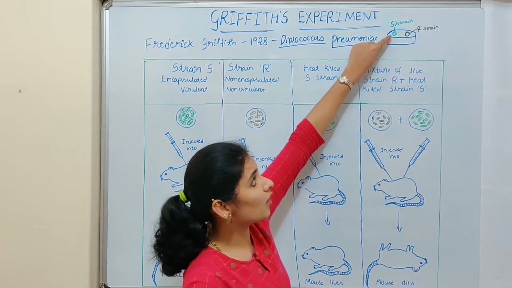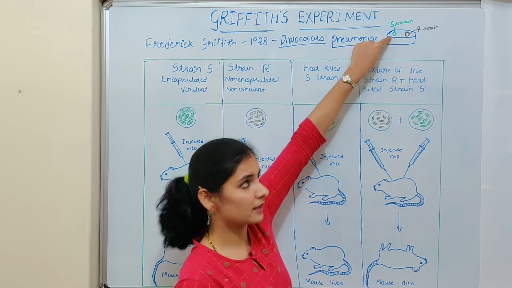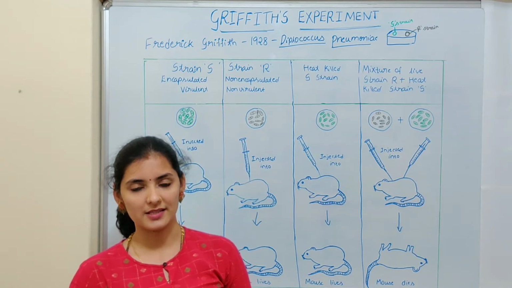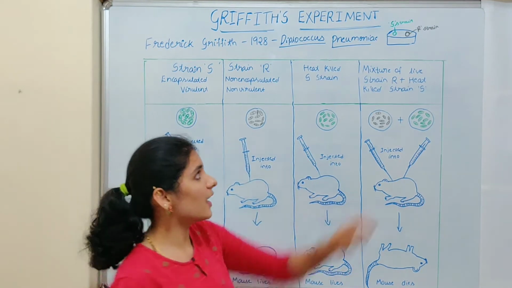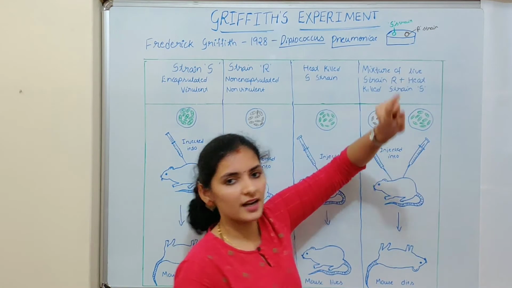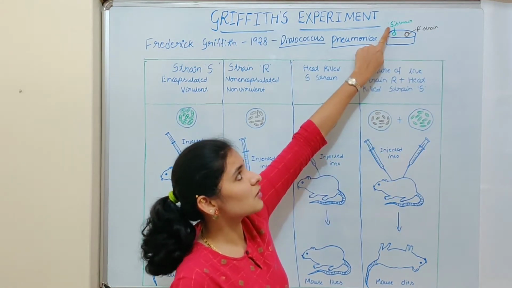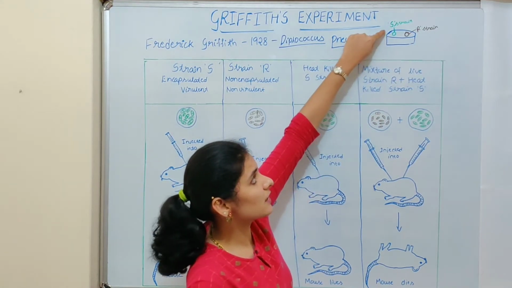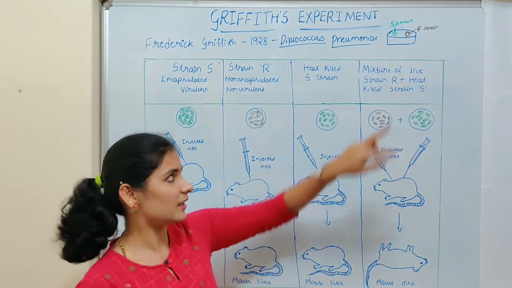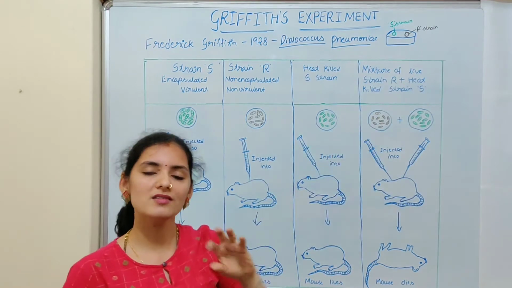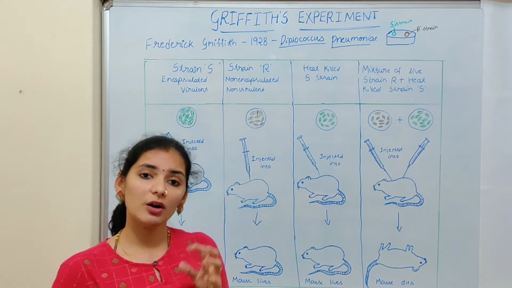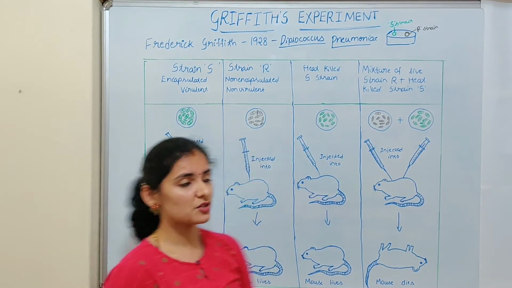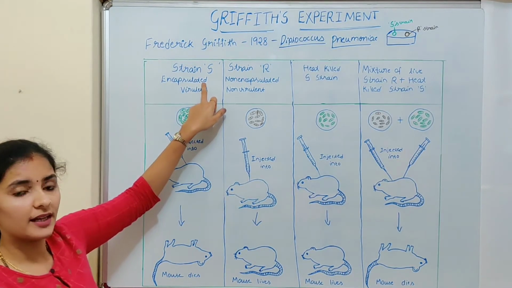One colony was smooth and shiny in appearance, whereas the other colony was rough and dull in appearance. He named these the S strain and the R strain. Here S refers to smooth, R refers to rough. The S strain is the one which was smooth and shiny, the R strain is the one which was rough and dull. He also found that the smooth appearance of the S strain was because it was encapsulated.